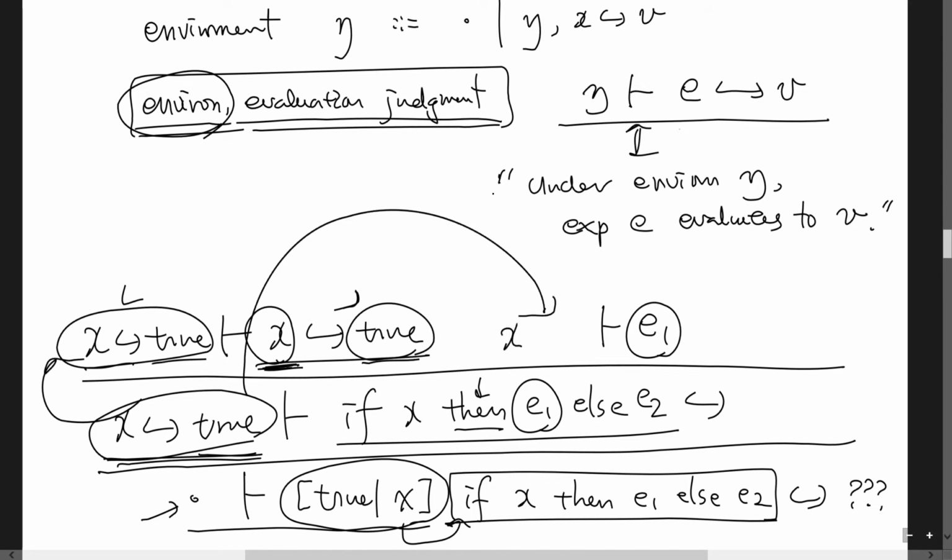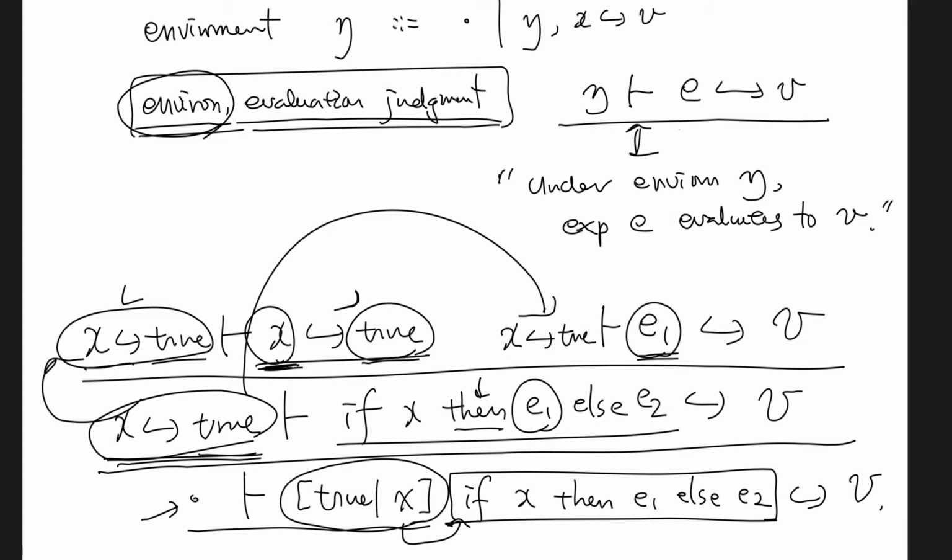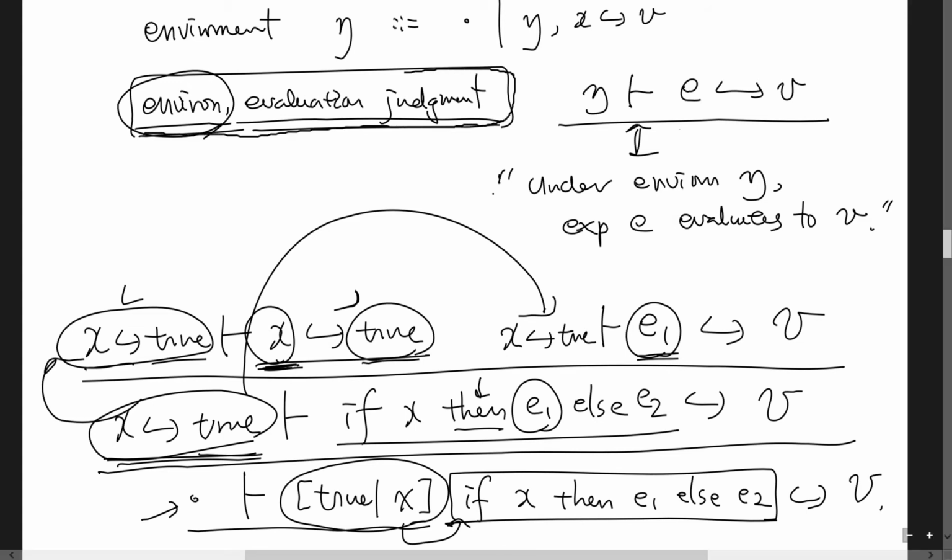So the environment under which expression E1 is evaluated is the same environment x true. Suppose that this one produces some particular value v, then this one is going to be v, and the final result will be also value v. That's pretty much the key idea behind this environment evaluation judgment.